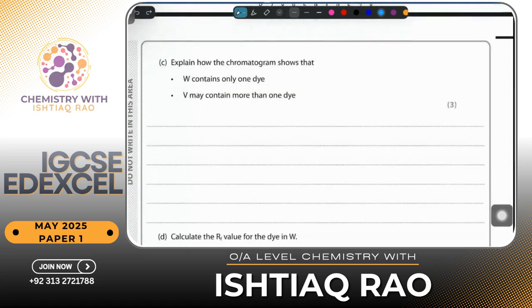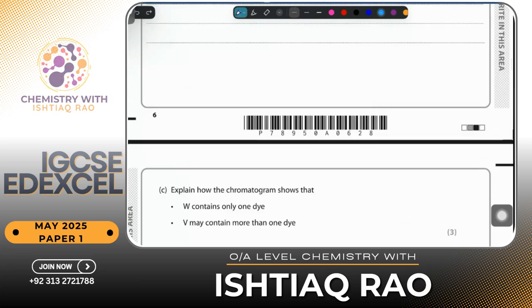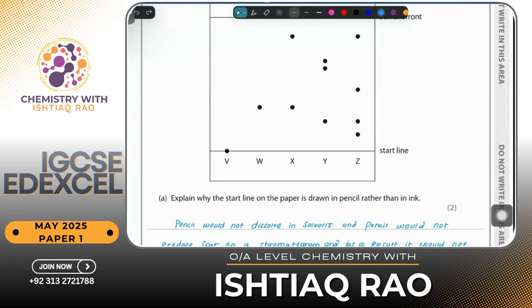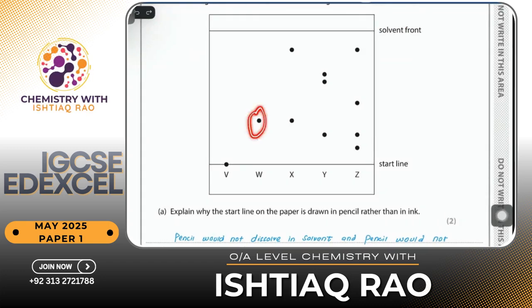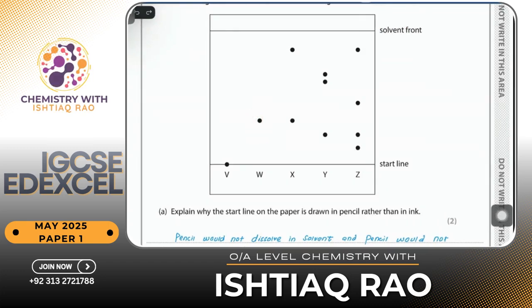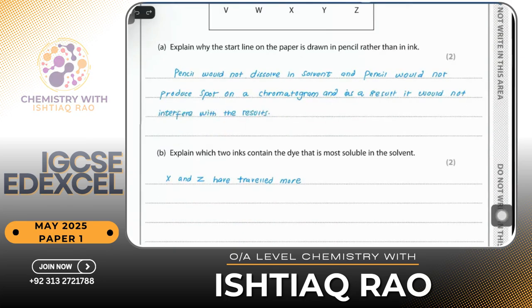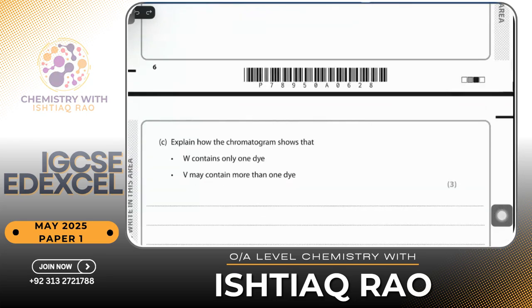Explain how the chromatogram shows that W contains only one dye and V may contain more than one dye. So W contains only one dye because it has only one spot. Or they are asking V may contain more than one dye.